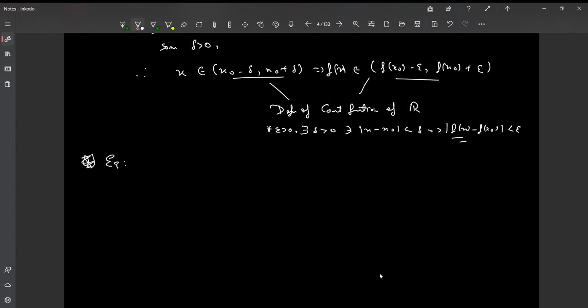So let us get an example to have a viewpoint on that. Let R be the reals with standard topology, and R_L be the reals with the lower limit topology.